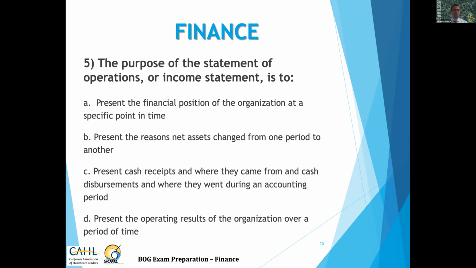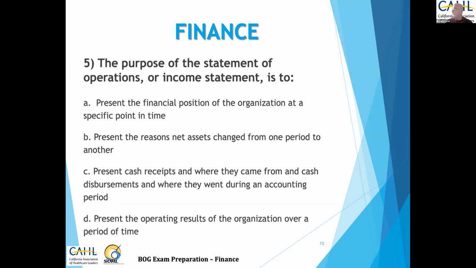Okay, number 5, the purpose of the statement of operations or income statement is to present financial position, net assets, cash receipts, or operating results. Well, again, you gotta know the definition here of what the 3 major statements are.